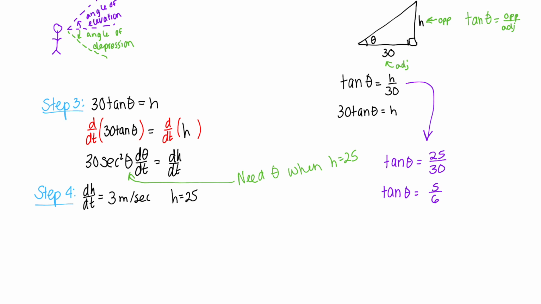So essentially, tan inverse on both sides, these tangents cancel. And you get theta equals tan inverse of 5/6.